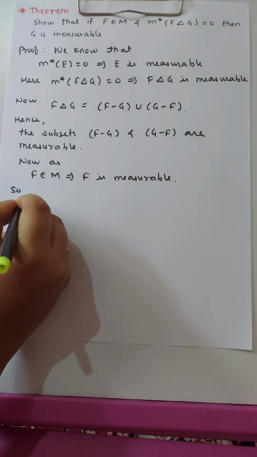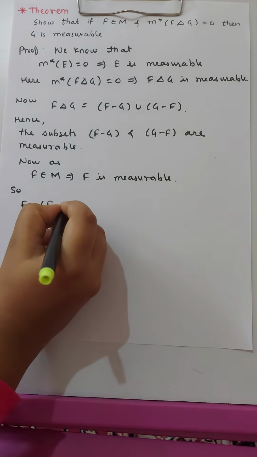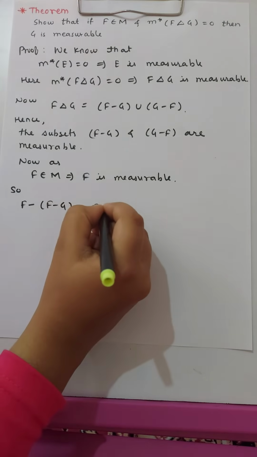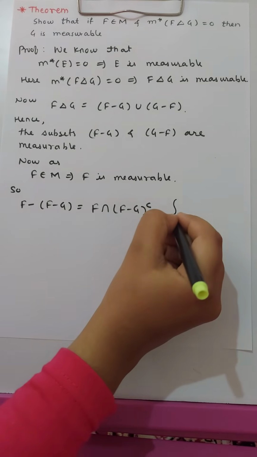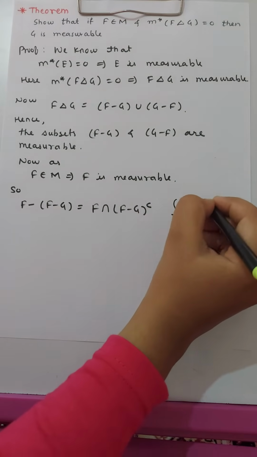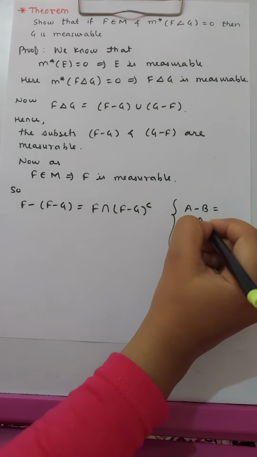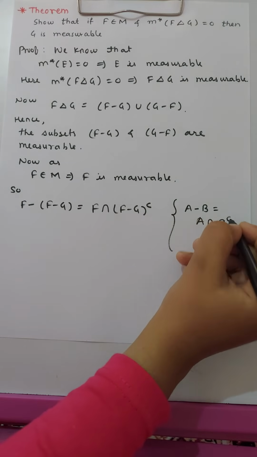So F minus G can be written as F intersection G complement, from the result that A minus B can be written as A intersection B complement.